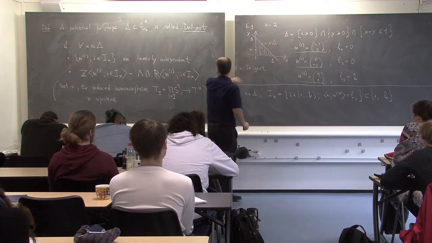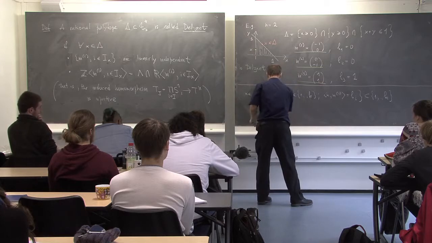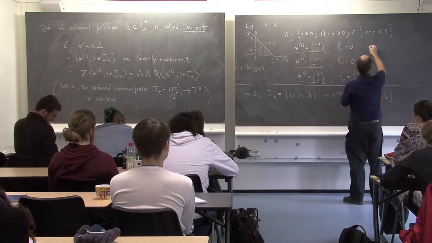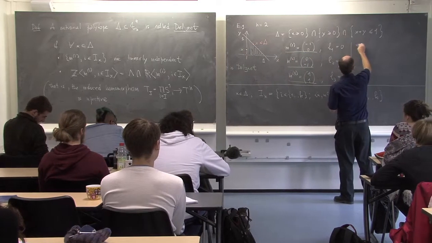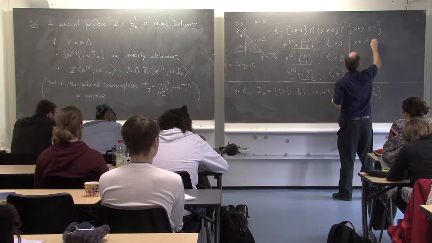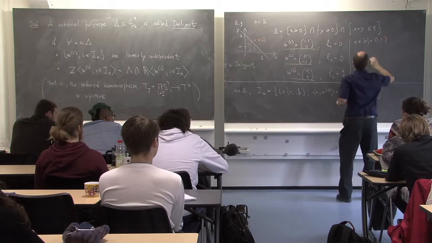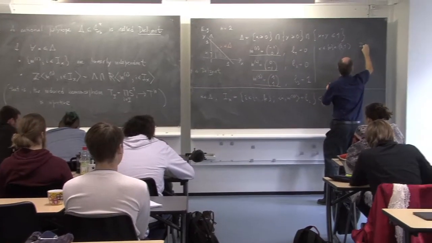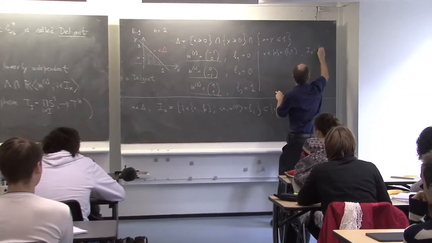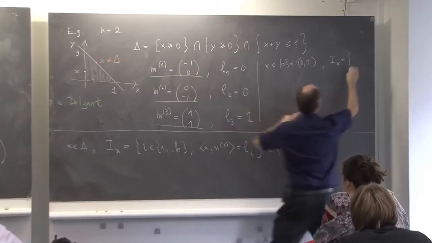If x is in 0 times 0, 1, then I_x, I think, is equal to 1, right?